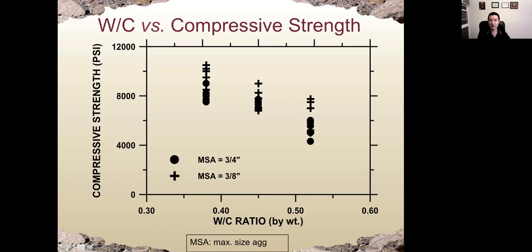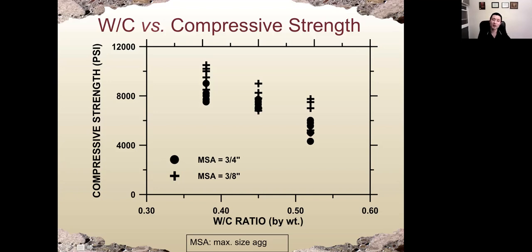As we can see from here, clearly when we increase the water to cement ratio, the strength will go down. We know this already from early lectures. Water cement ratio is the number one factor controlling the strength. The lower, the stronger the concrete.